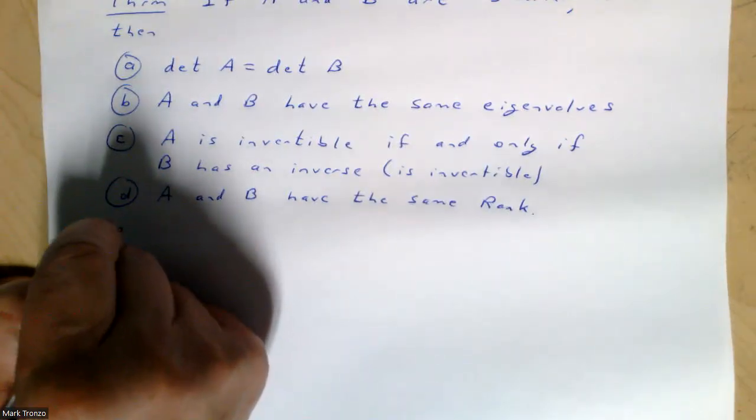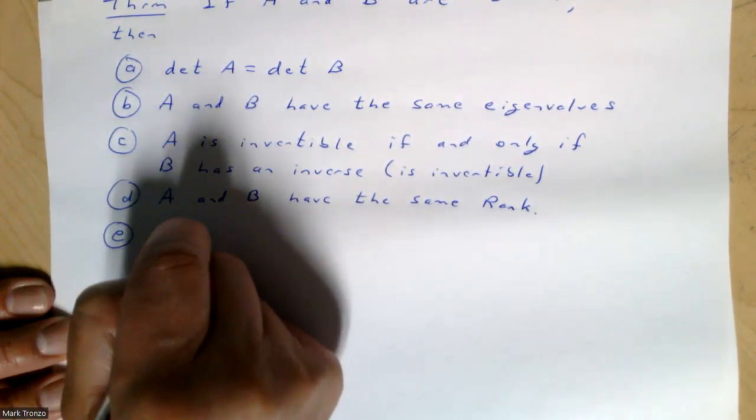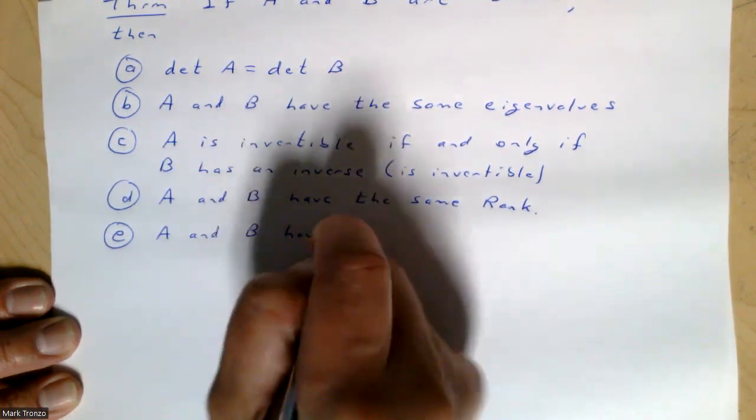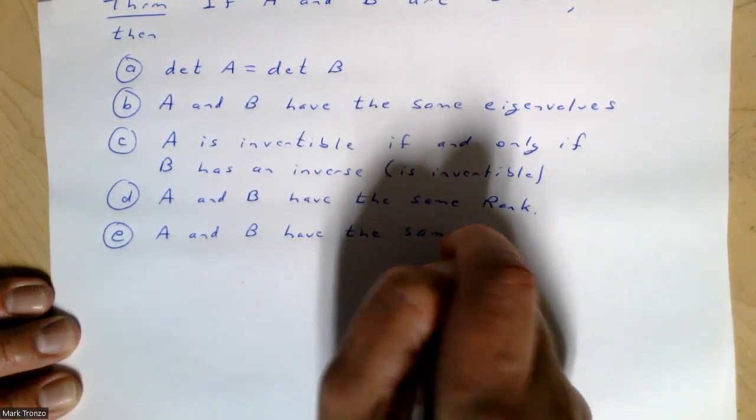And another thing that they have is A and B have the same characteristic polynomial.